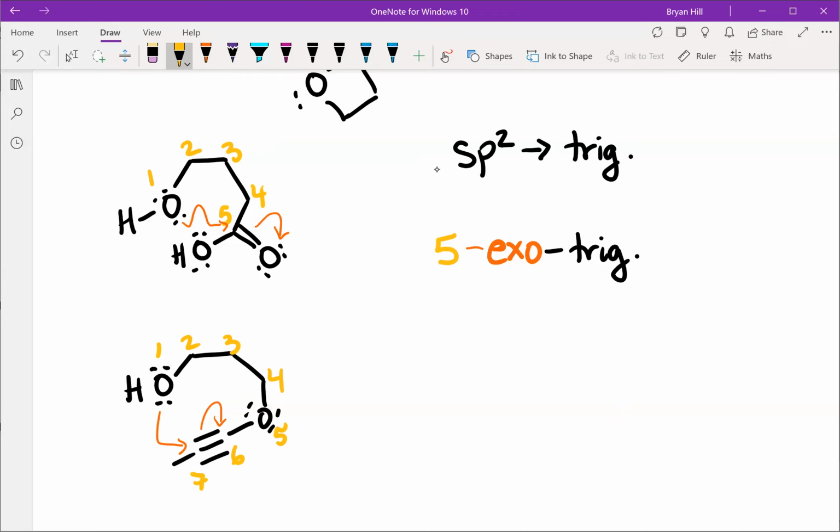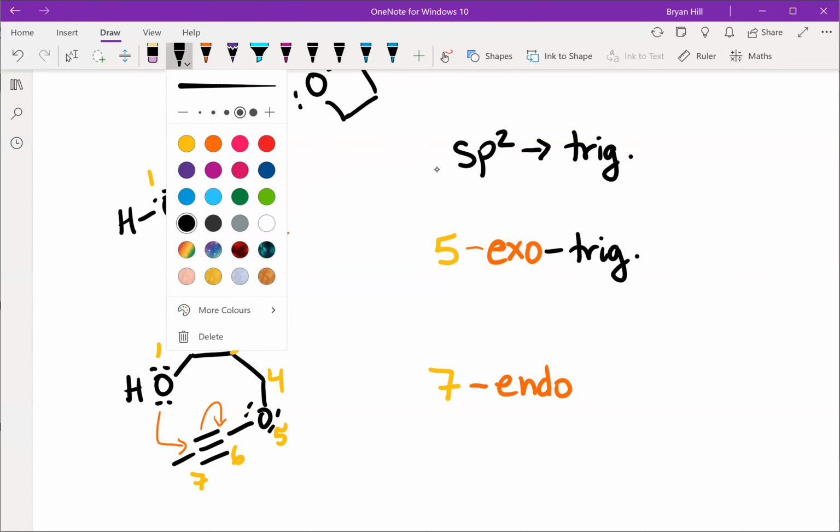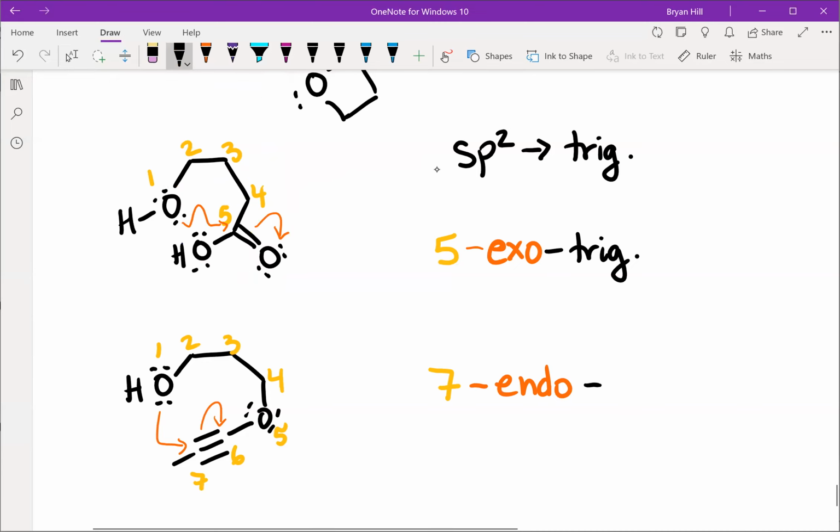So this type of cyclization would be classified as a 7 endo. And the carbon here, carbon 7, is sp. And so all sp hybrid carbons are called dig. So a 7-endo-dig.